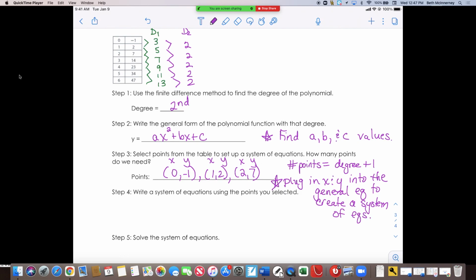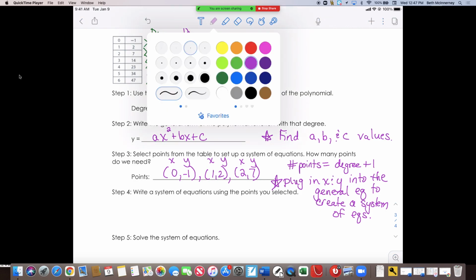So here's what we're doing. We're trying to find the a, the b, and the c in y equals ax squared plus bx plus c. Well, I have a bunch of x and y values, so I'm going to plug in x and y into this general equation, and I'm going to do it 3 times.